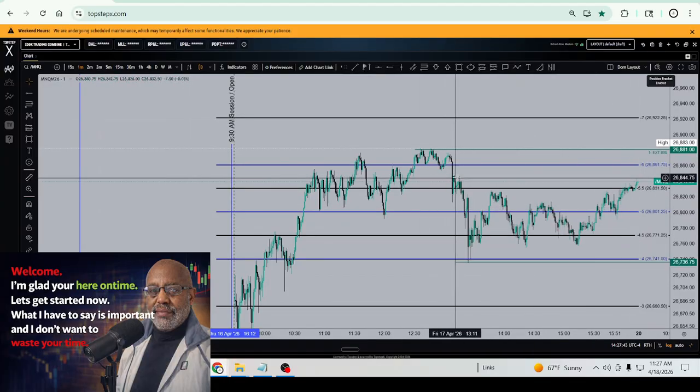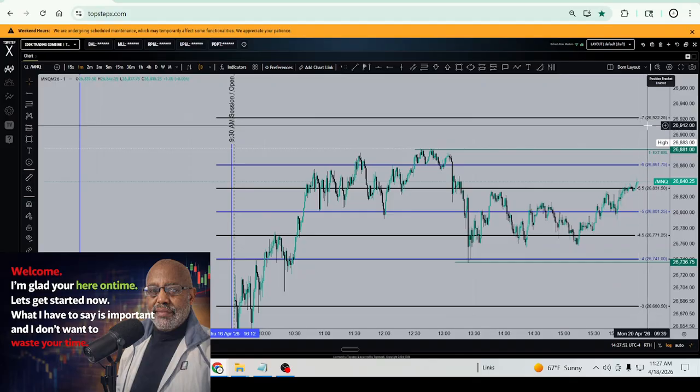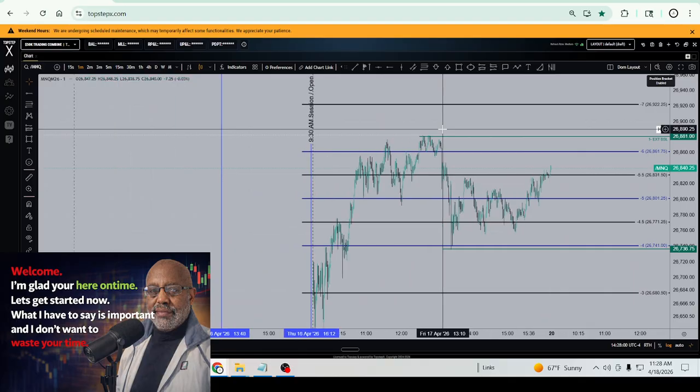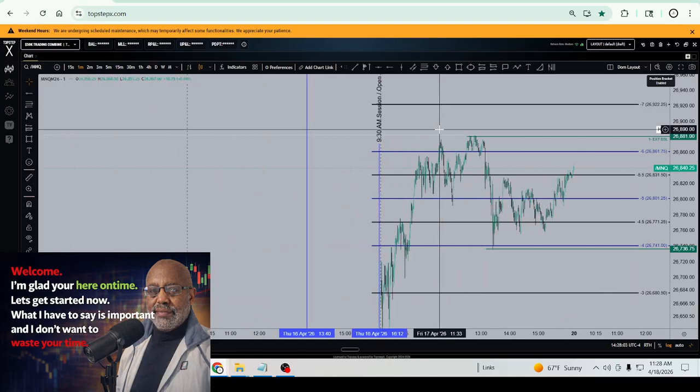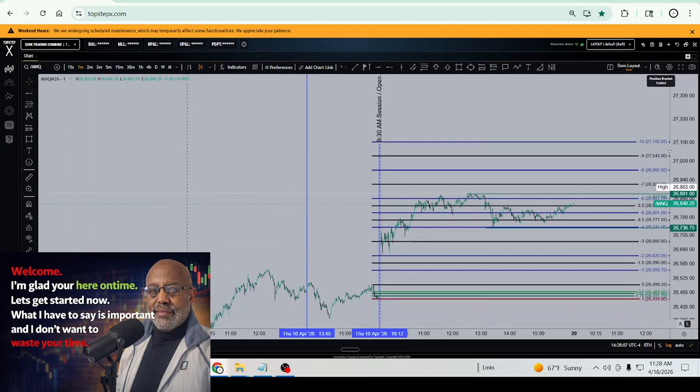It's probably going to come after this liquidity in this area, or it could go as high as 26.92225 next week. So projecting price is easy to do when you know where to place it.